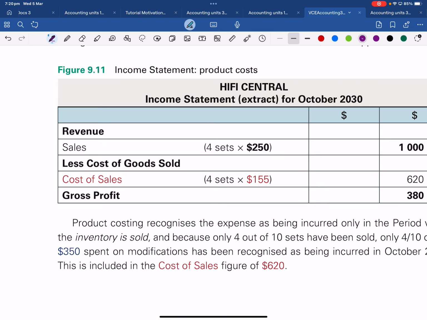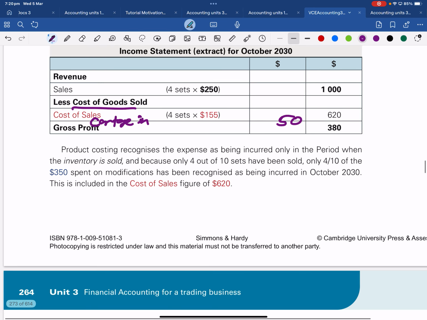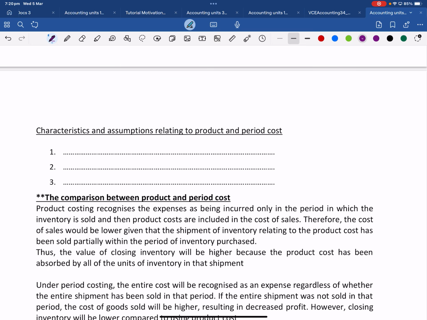After the cost of sales, we will write cartage in, right? But still under the COGS, we will write 50. Okay. Any questions?